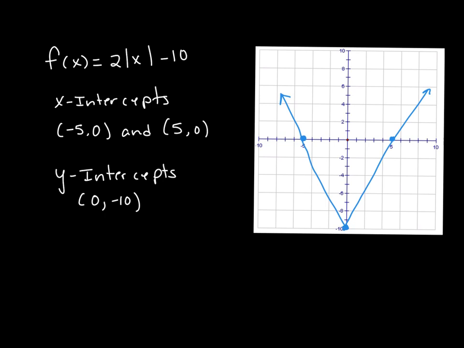So I can say that this point here is a minimum and a vertex of this absolute value function. In this absolute value function, we can say it opens going up, towards the top of my graph.